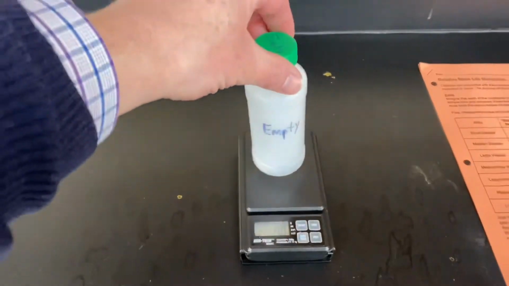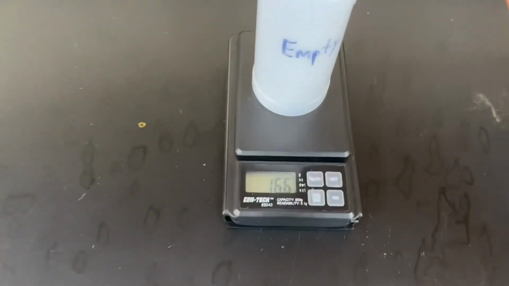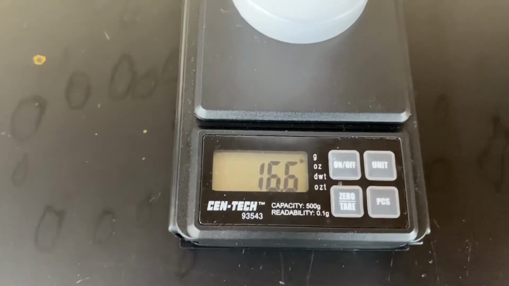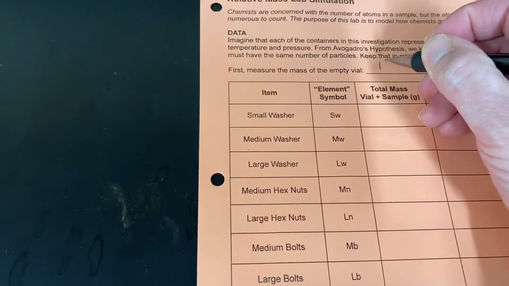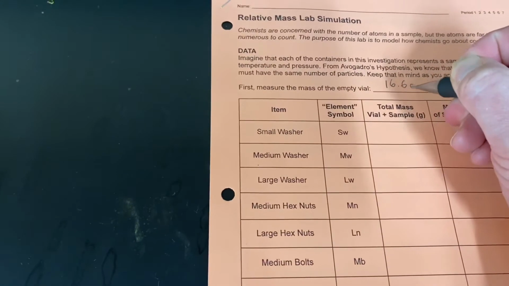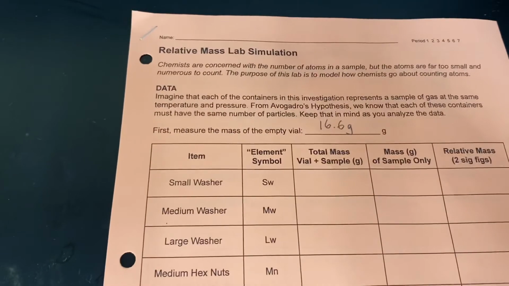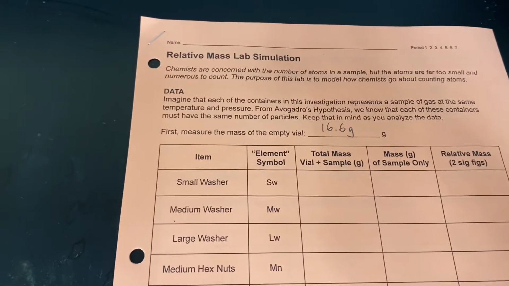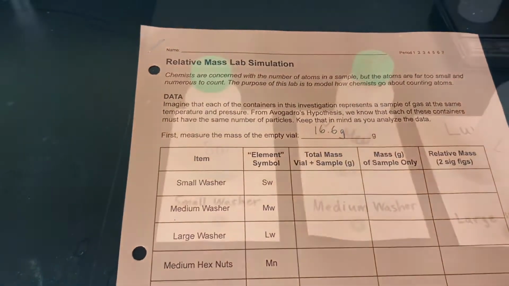When I place the empty container on the electronic balance, it reads 16.6 grams. We're going to record that here. That measurement matters because we need to subtract out the mass of the vial or the container for each of our measurements.